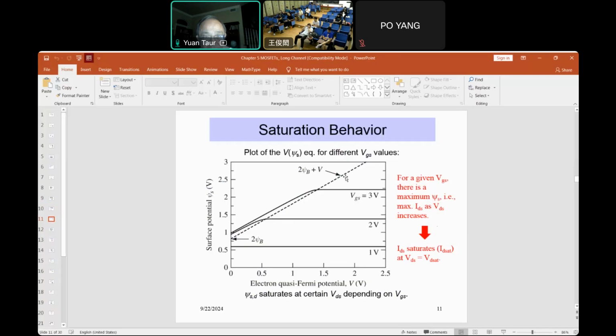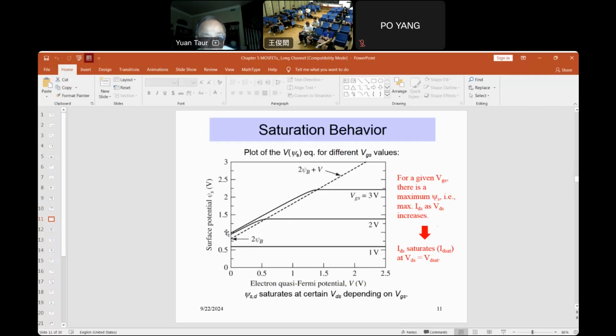This dashed line is psi S equal to 2 psi B plus VDS. But we know that this dashed line is only valid beyond inversion. It's not valid when VGS is 1 volt.